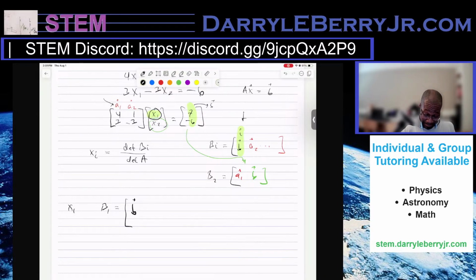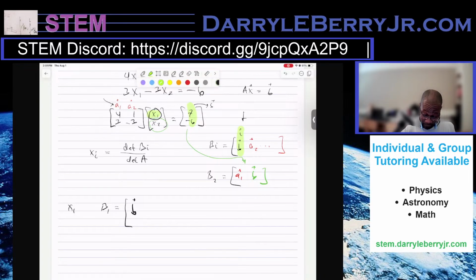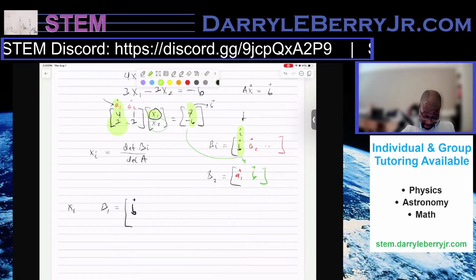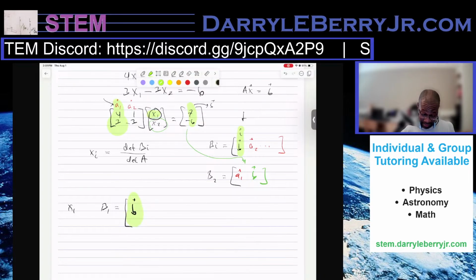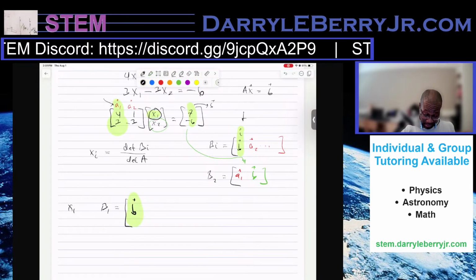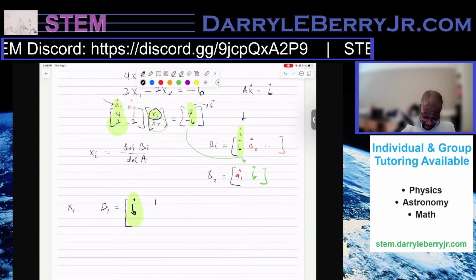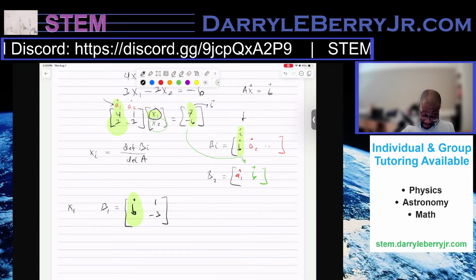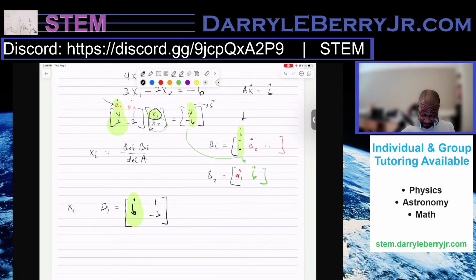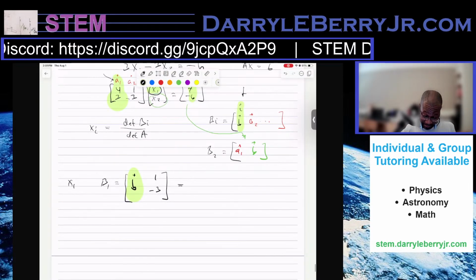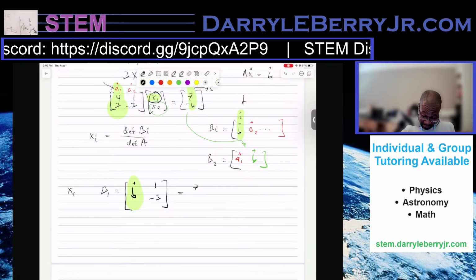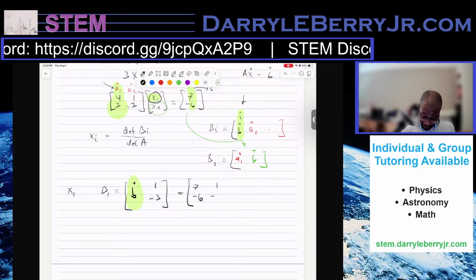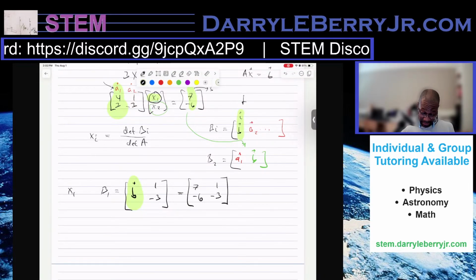I'm putting my b here because in order to solve for x1, I need to solve for the first column. So I'm putting b in the first column. I don't need to solve for A2, so I'm going to put my A2 where it is. This is my A2 column. So now that's going to be 7, -6, because that's what b is, and 1, -3, because that's my A2.